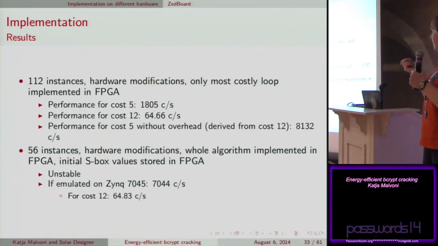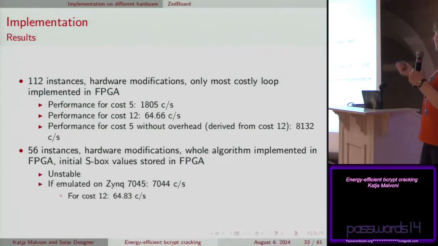However, 56 instances with hardware modifications, where we wanted to see how it will behave when there is indeed no communication overhead, is still unstable, still doesn't work, and Z-board just reboots. However, we have a bigger Zynq board, and if we emulate this on a bigger Zynq board, then it performs at 7,000 cracks per second, and we can see for cost 12, these are nearly the same.